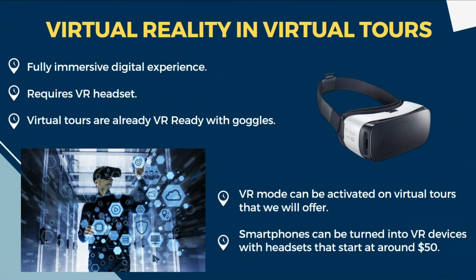VR is actually already available for most virtual tour software, and the software that we are using now as well. All you have to do is get a VR headset, go on one of our virtual tours, and press the VR button, and they are VR ready. It creates that VR experience. So VR is already there, more or less.